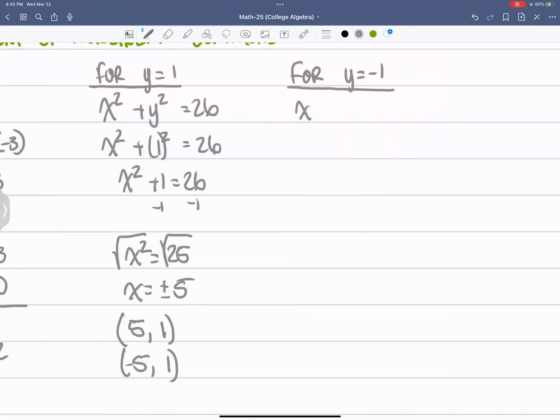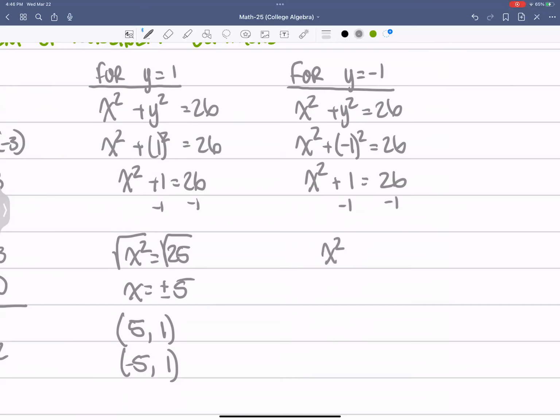We have x squared plus y squared equals 26. X squared plus y, we said was -1 this time, equals 26. X squared plus -1 squared, which is going to be a +1. It looks very similar. X squared is equal to 25.